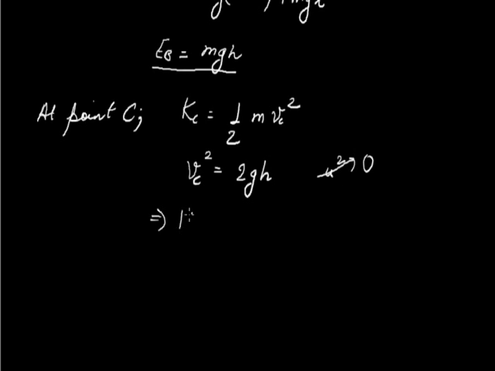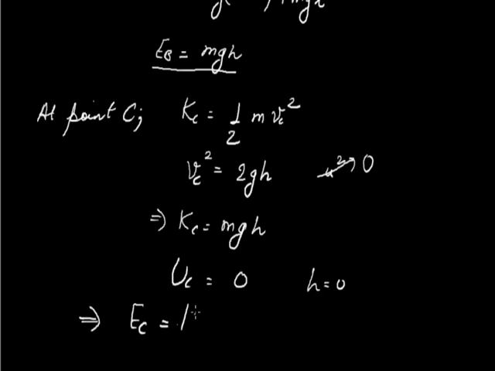So the kinetic energy at point C is equal to mgh. But the potential energy at point C is equal to 0 because the height is 0 in reference to point C. So the total energy at point C is the sum of kinetic energy at point C plus potential energy at point C, and it is equal to mgh.